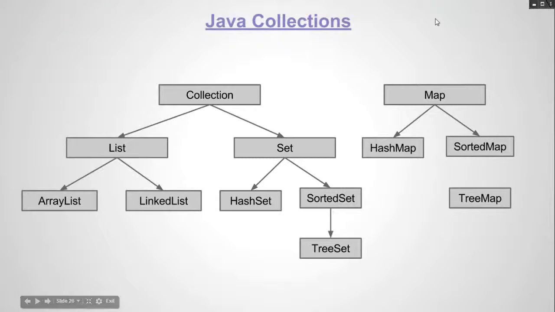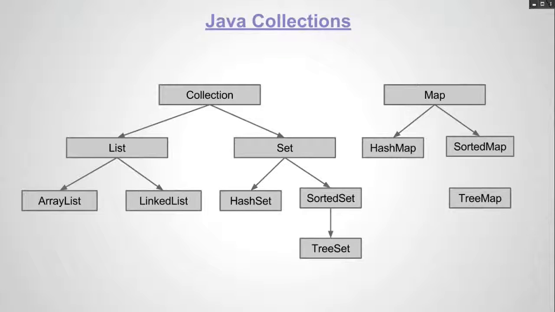Similarly, we have another parallel interface. Collections are used to store a group of elements, but maps are used to store the elements using keys. Maps will contain key value pairs. For a given key, what is the value stored? While storing values, you will specify the key, and the elements can be accessed through keys.